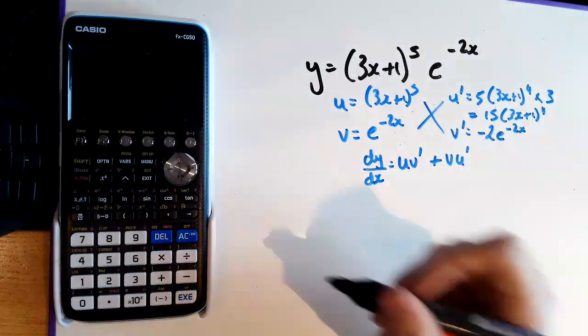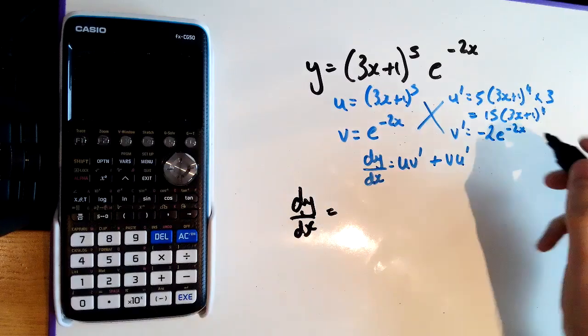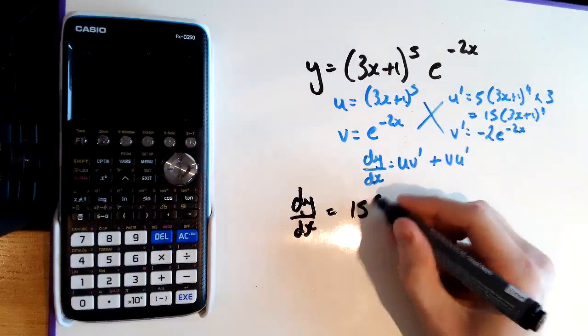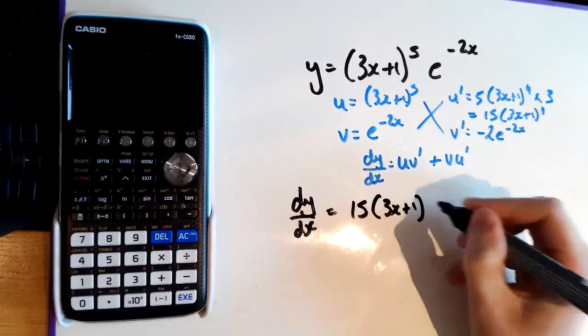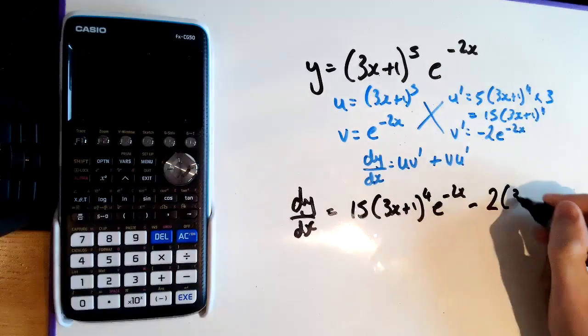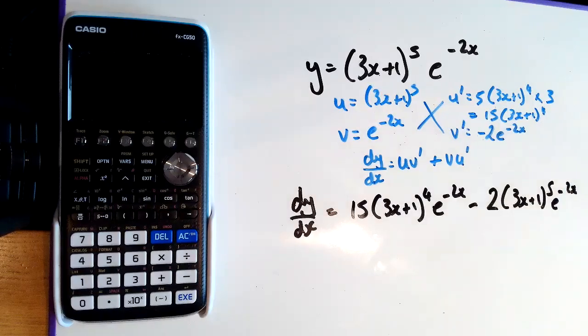So we get dy by dx equals 15(3x+1) to the power 4 e to the minus 2x, take away 2(3x+1) to the power 5 e to the minus 2x.